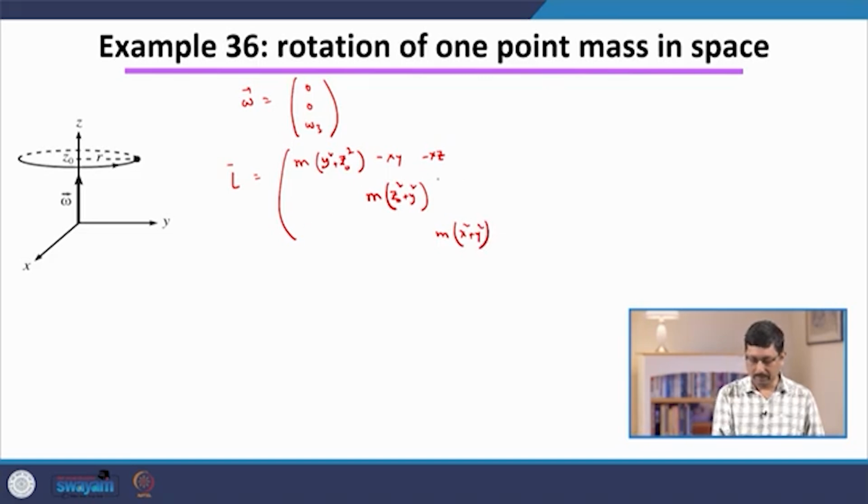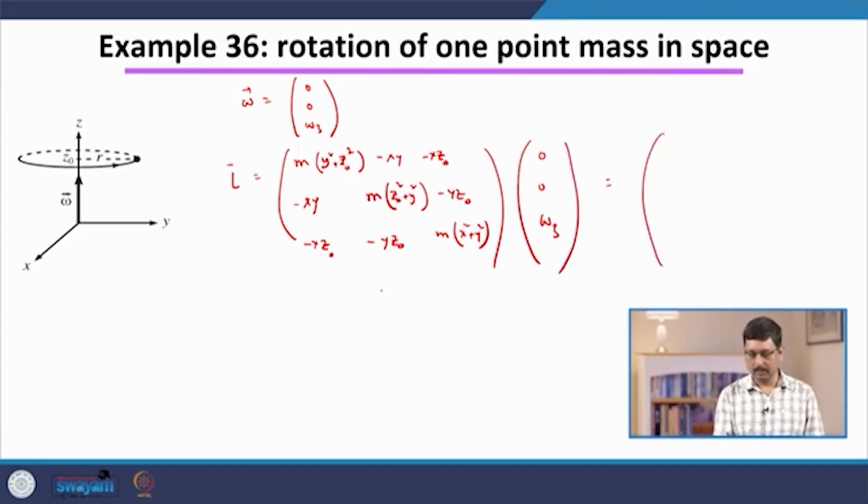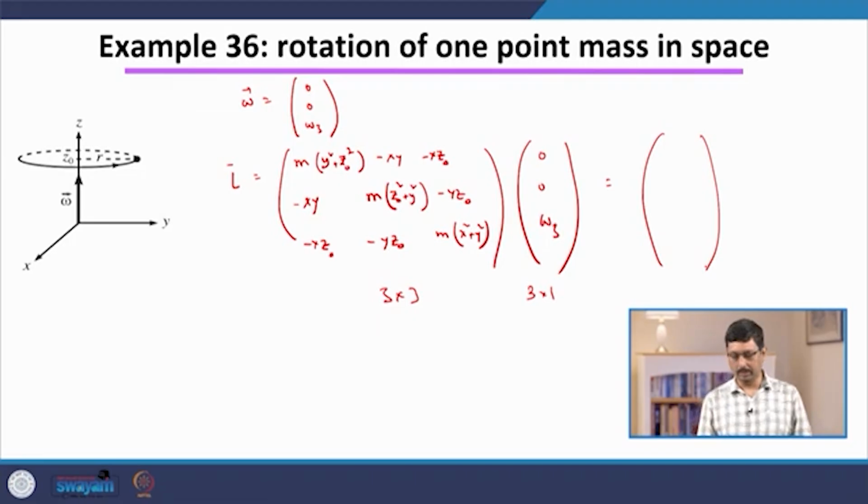Note that this is a symmetric matrix, so we need only 6 elements. This will be x z, this will be y z, multiplied by 0, 0, omega 3. This is a 3 cross 3, this is a 3 cross 1, so the resultant is a column vector, 3 rows and 1 column.